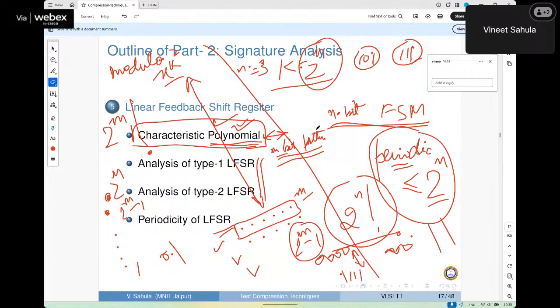Right? Fine. Nothing complex here, very simple. I just tried to define that there is an equivalence between a polynomial and a bit pattern. That's all. And we just saw that any modulo 2 shift register relation will have equivalence with an n-bit FSM and will have a definite period. Two things. That's all. Nothing else.